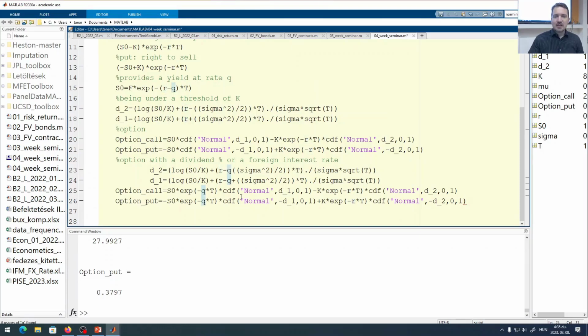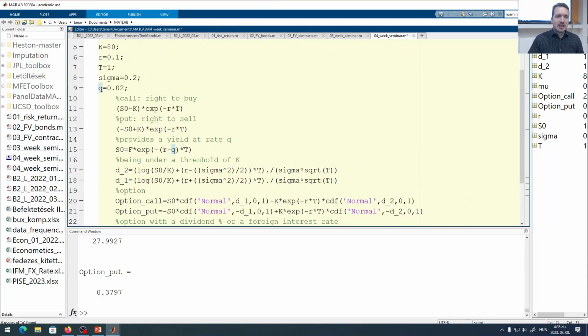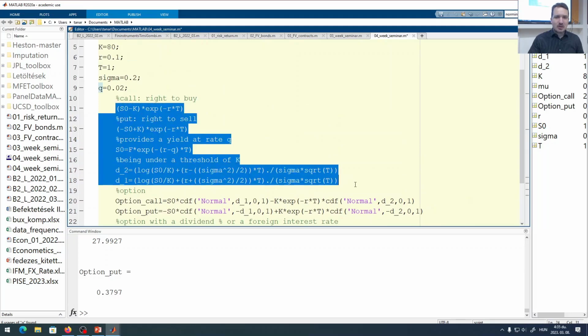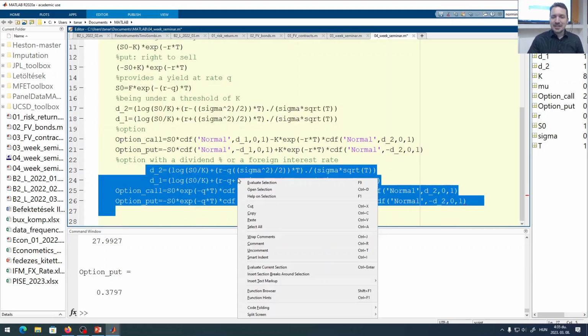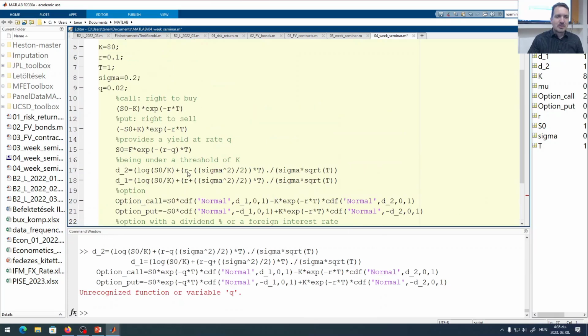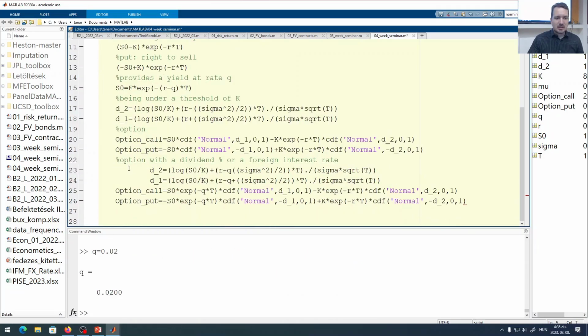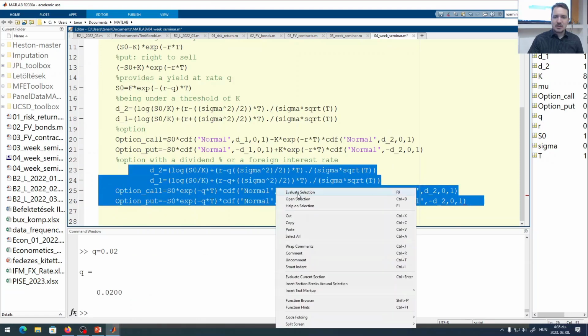The equation looks ugly, but practically if we take the basic components, then it's relatively easy to build up. Now we know, Q will be 0.02, okay? Now it's this one.